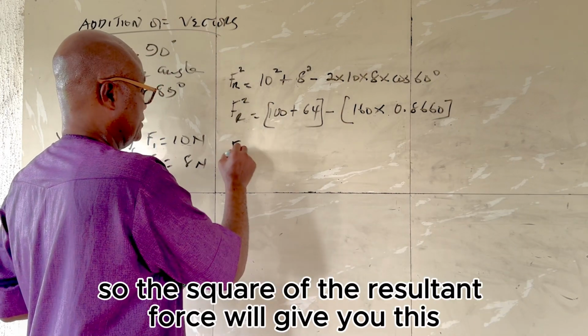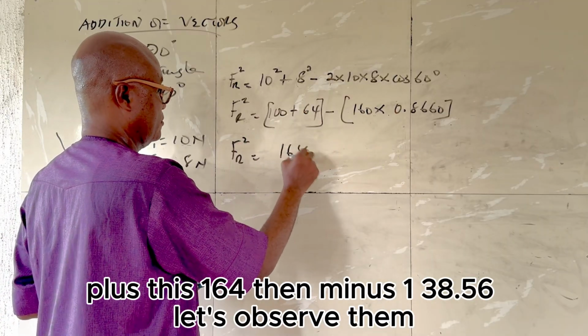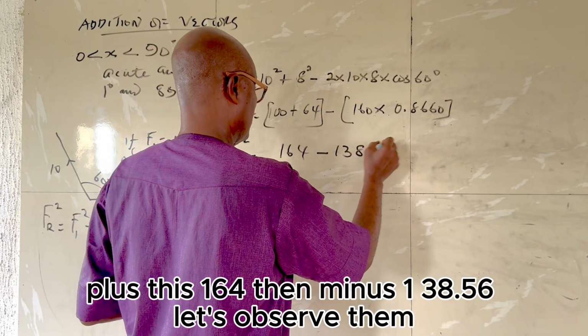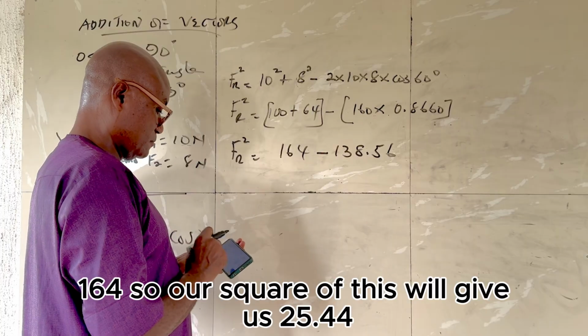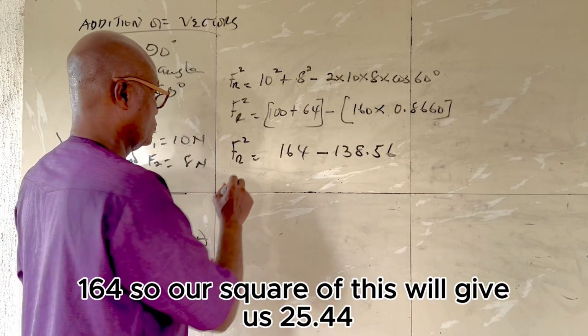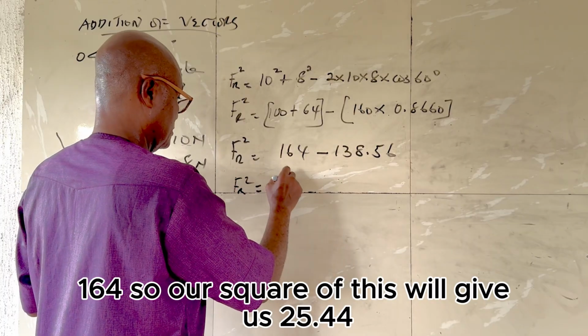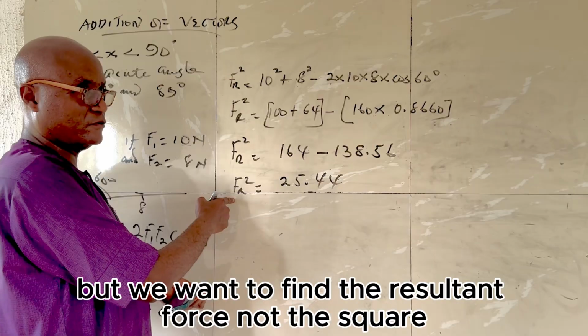So the square of the resultant force will be this 164, then minus 138.56. Let's subtract them. 164 minus 138.56 gives us 25.44. But we want to find the resultant force, not the square.